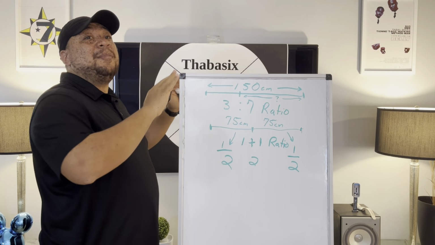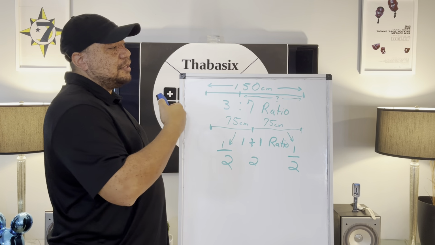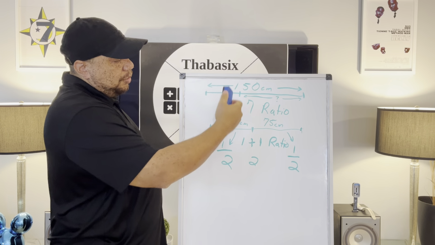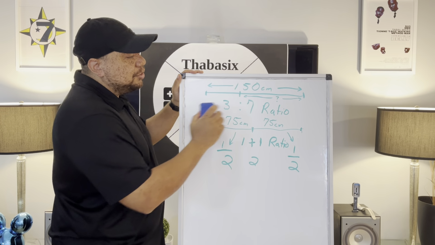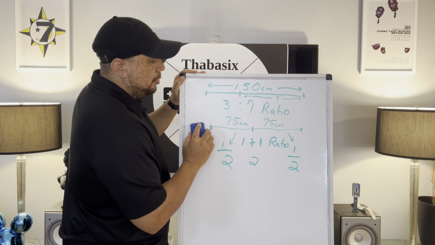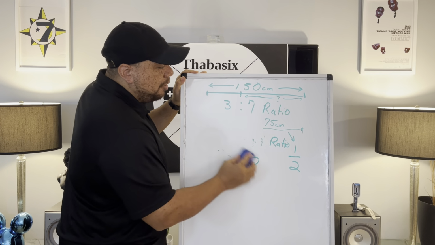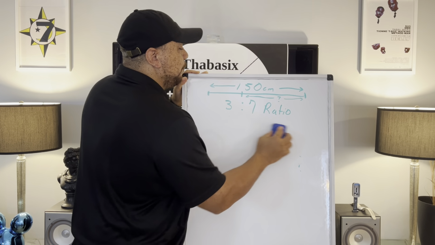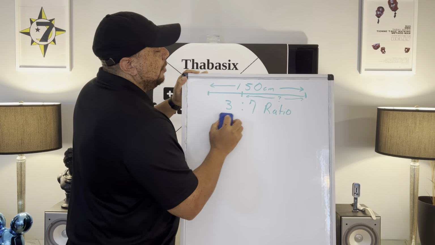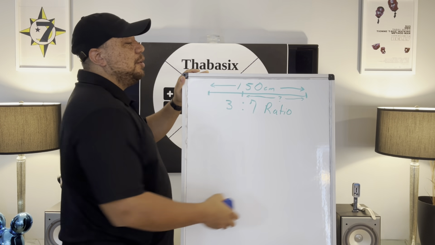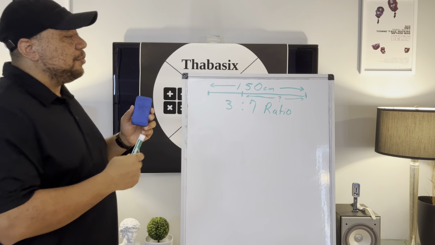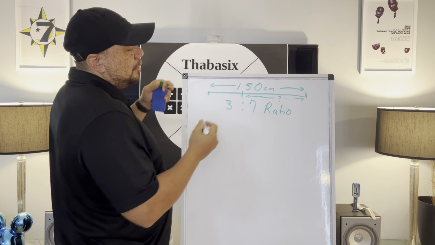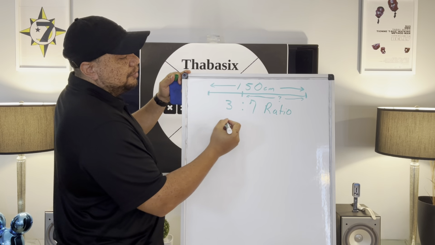No matter how many pieces, it can be 3 pieces, 4 pieces, whatever way we slice this, we can put it in ratios, but I'm going to turn this ratio into fractions. Ratios are not fractions. They're similar to fractions. What do we do with the 1-to-1? We added it. So if we add 3 plus 7, we get a denominator of 10.